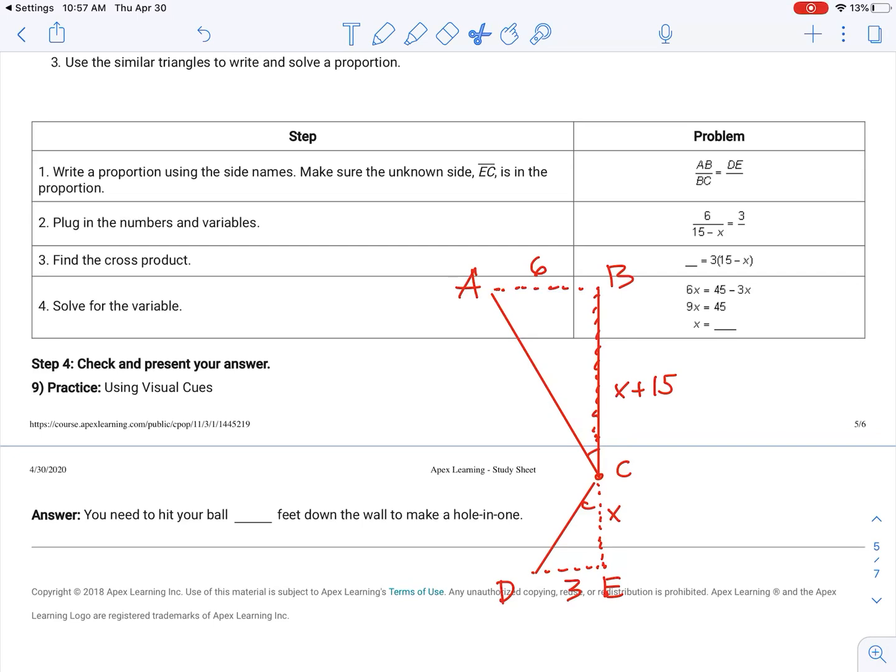It's taking AB, which is this part right here, and putting that over BC, which is that part right here, so that equals DE over EC. And there's a few ways that you could do this one, actually. So AB is 6, and then we know that BC is 15 minus x.